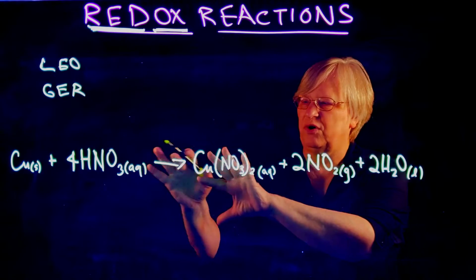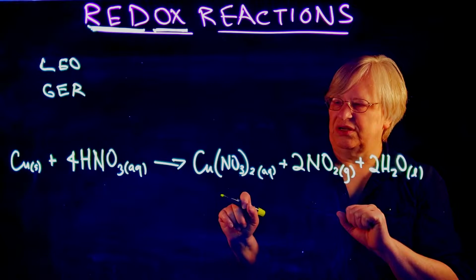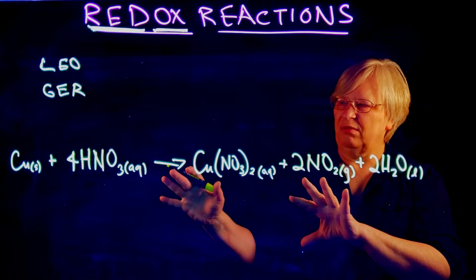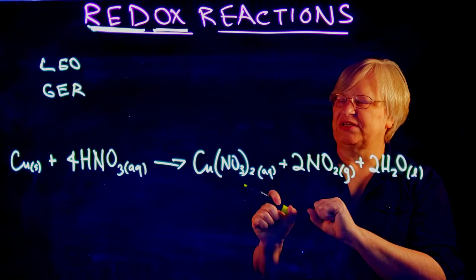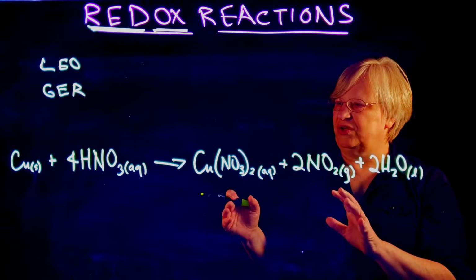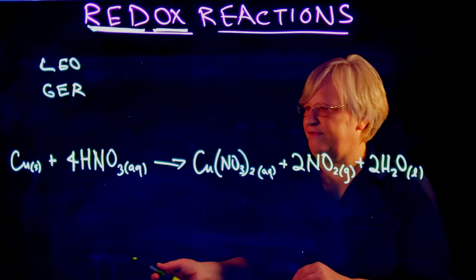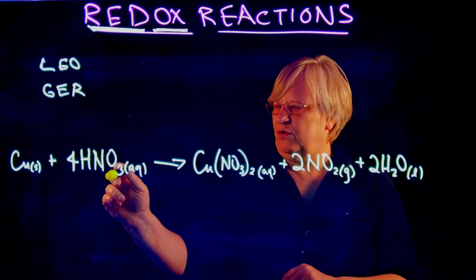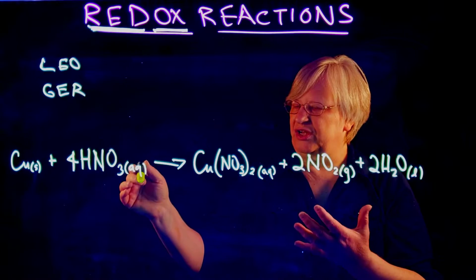So what we're looking for in this equation is one element that is losing electrons and one element that is gaining electrons. And you'll notice we have how many elements here? We have 1, 2, 3, 4 elements. We have copper, hydrogen, nitrogen, and oxygen.